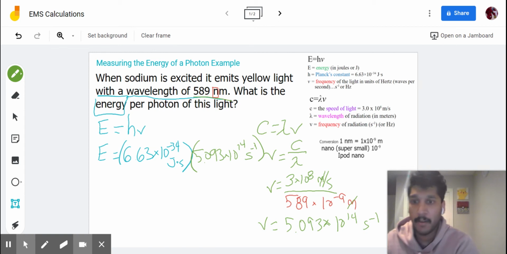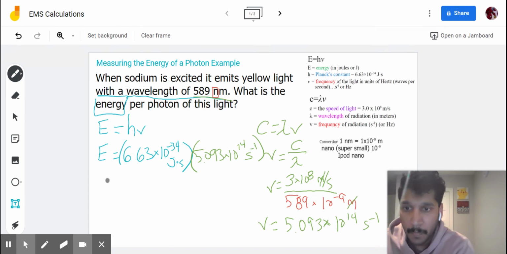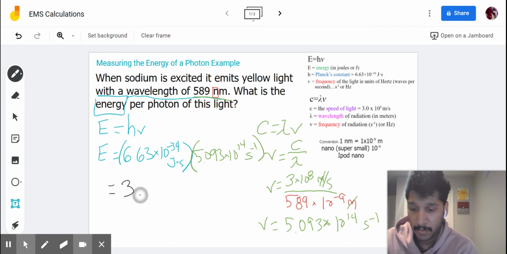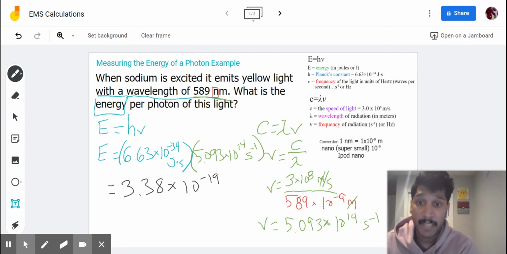All right, so I got a number here. Let's see if we can change colors. So my energy I got to be 3.38 times 10 to the negative 19th. My unit for this: the seconds are going to cancel out.